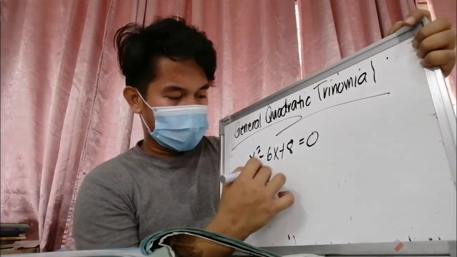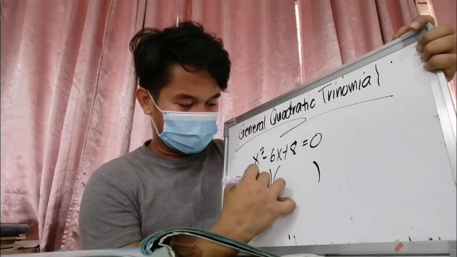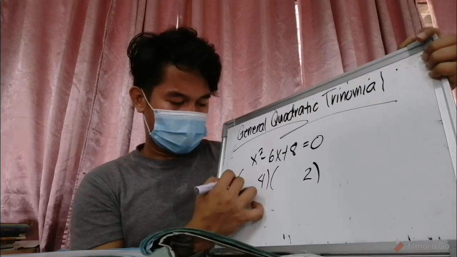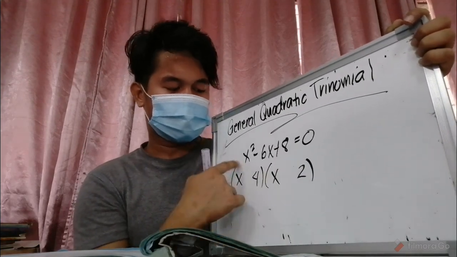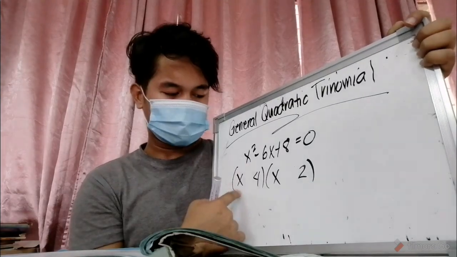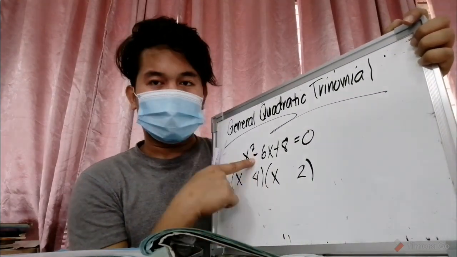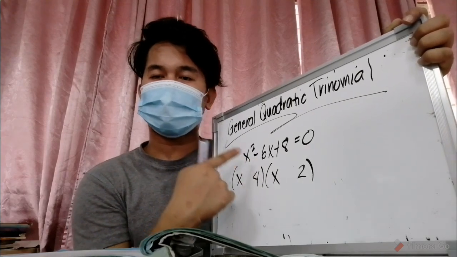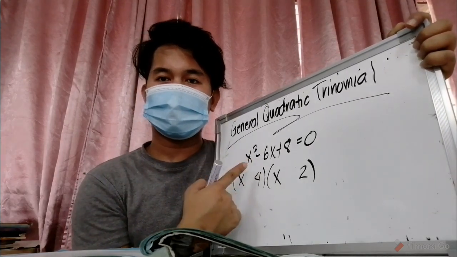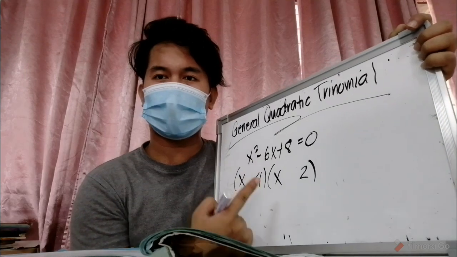Okay, so let us try. Let us put 4 and 2 and x for the first term because x times x is equal to x squared. Now, let us see the sign of the middle term, which is negative. Oh, so we have negative 6x.